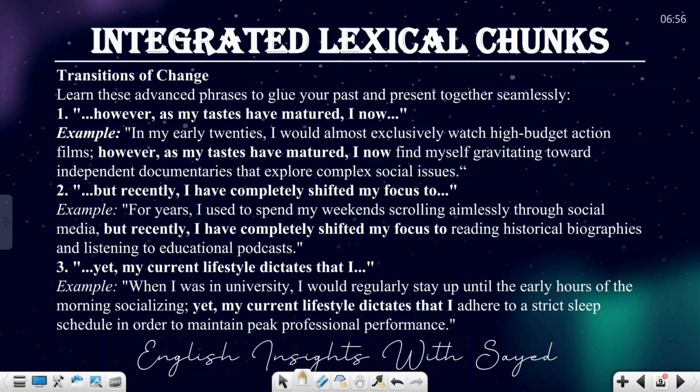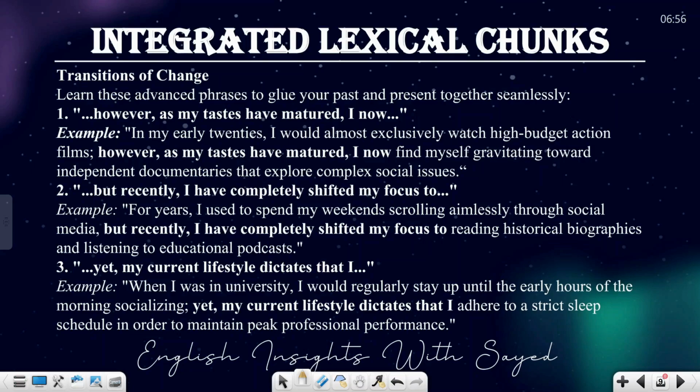Okay. So transition of change. Learn these advanced phrases to glue your past and present together seamlessly. Just how will you make it? How can you actually execute this to glue your past with the present together and seamlessly without actually struggling? That is seamlessly.